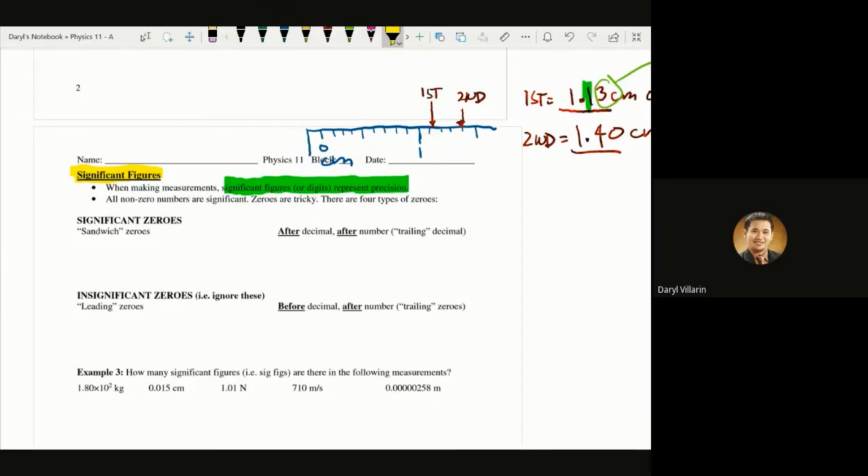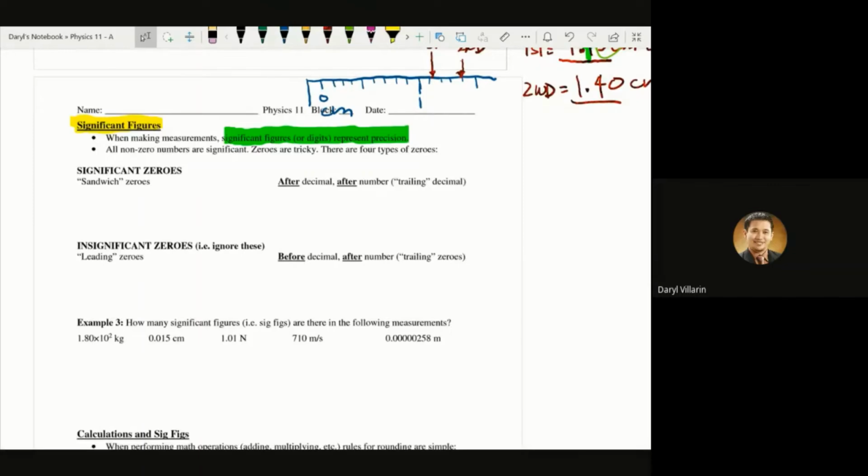And we do that in physics or in any other sciences, especially the physical sciences. That is to indicate the correct number of significant figures. And again, why is it that we try to express the correct number of significant figures? That is due to the fact that certain instruments can only read up to a certain value.